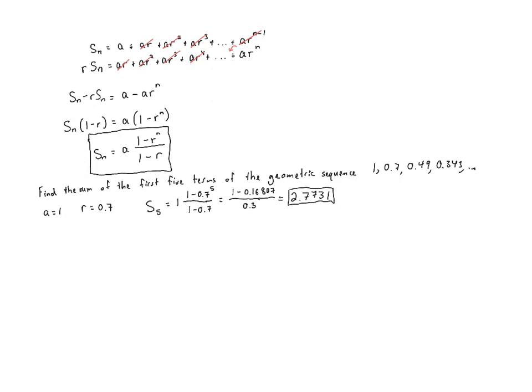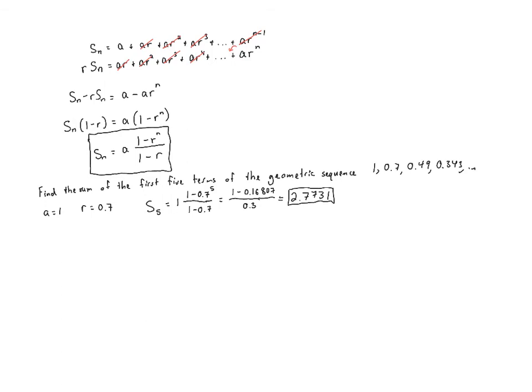So that is the sum of the first 5 terms of the geometric sequence. It might not be less work to use this than it would be to add up the first 5 terms. We'd have to find the 5th term. But if we were asked to find the sum of the first 100 terms, for example, this would certainly be much quicker. So there are some situations where knowing this formula is incredibly helpful.